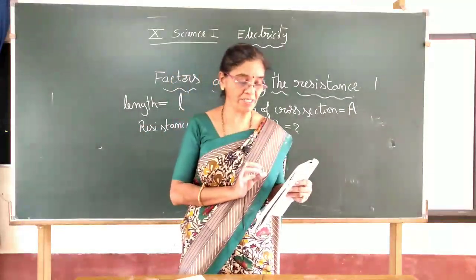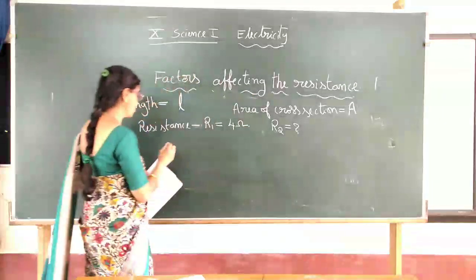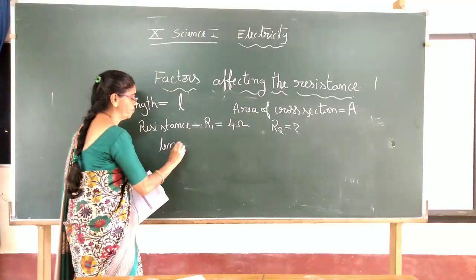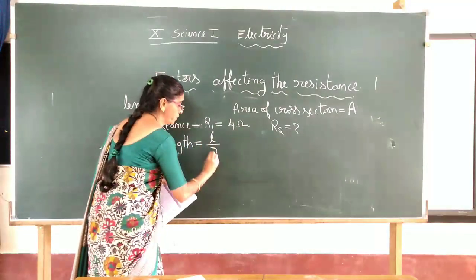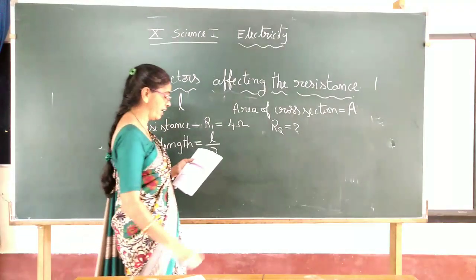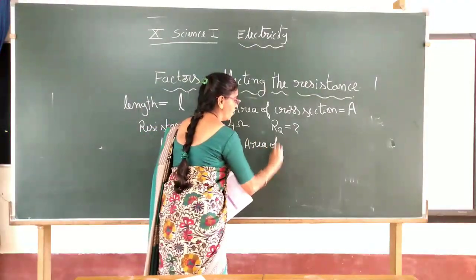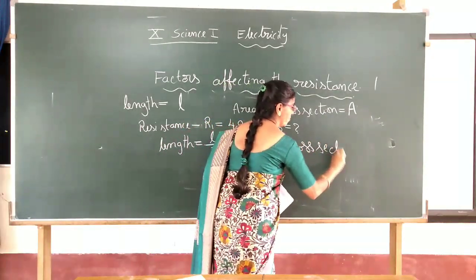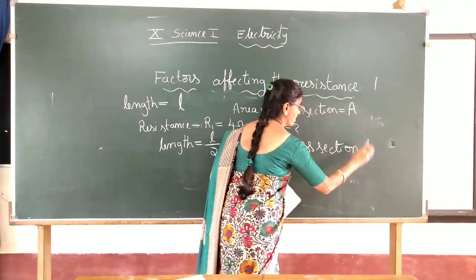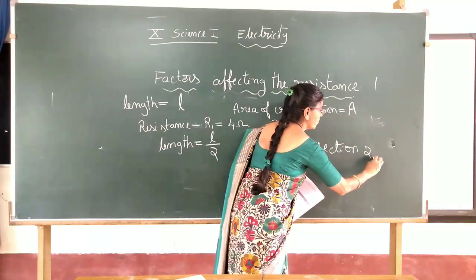The material is the same, but the length is changed: in the second case the length is L by 2, and the area of cross section is 2A.